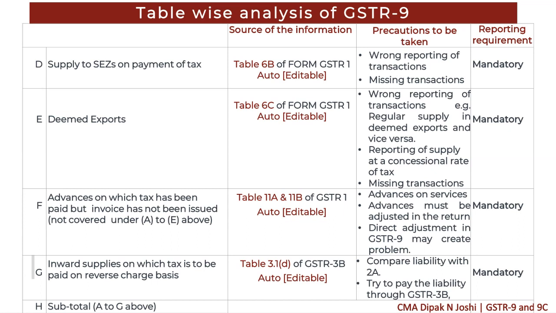Then next is deemed export. You will get the information of deemed export in table 6C of form GSTR 1. Again, as mentioned earlier, what precaution we should take? We should take the precaution of wrong reporting of transaction. For example, regular supply is reported in deemed export and vice versa.